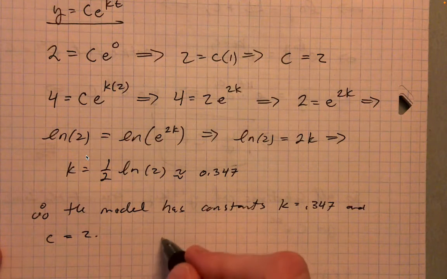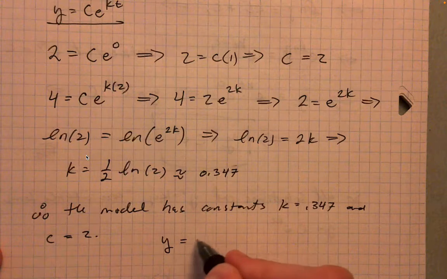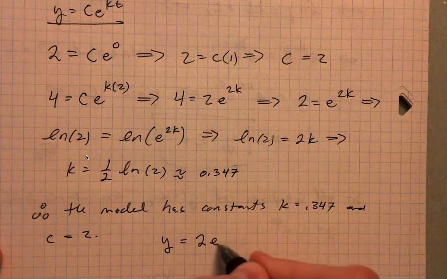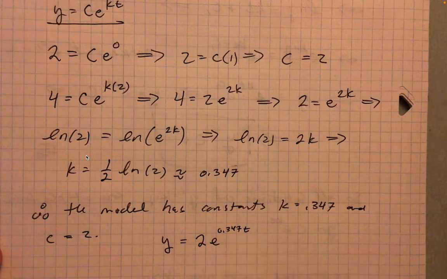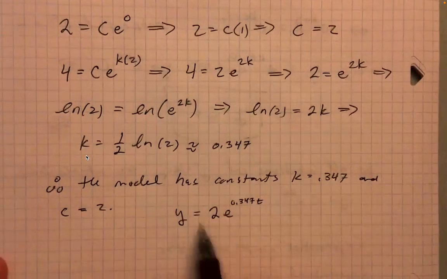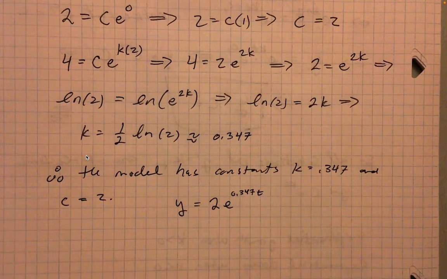Okay, so that means the model is basically this, right? It's y equals 2e to the 0.347t. Okay, so that's the model. Then what happens when t is equal to 3? Right, what is y equal to at time 3?